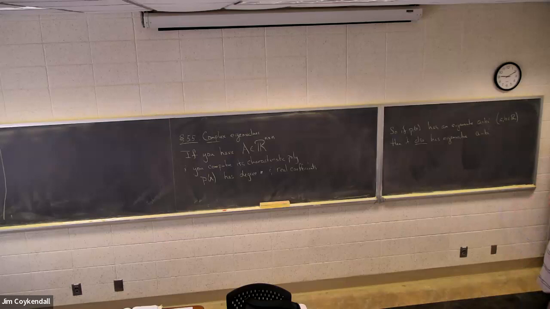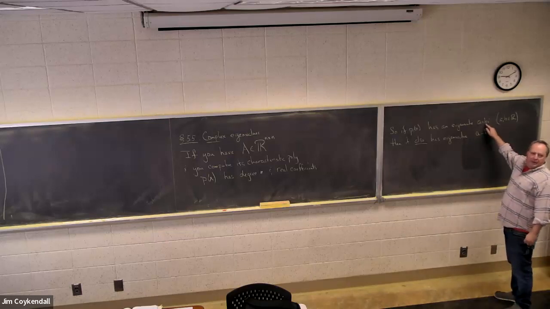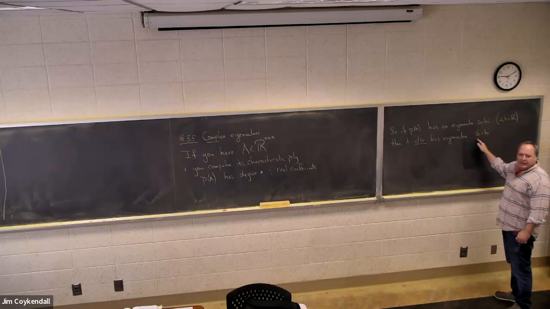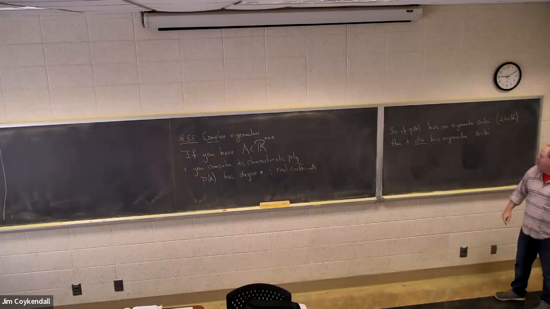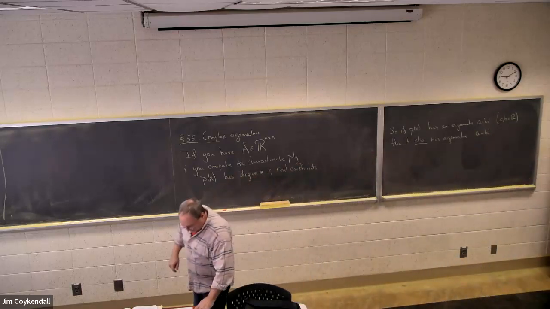Notice this statement is also true if b is 0, but it's stupid, because if b equals 0, then what this says is if it has eigenvalue a, then it has eigenvalue a, which is kind of a waste of time. The interesting case is when b is not 0, because you have to have complex conjugates.